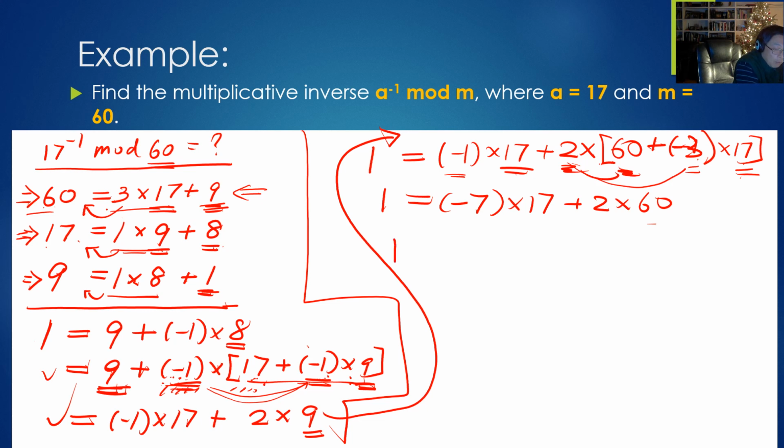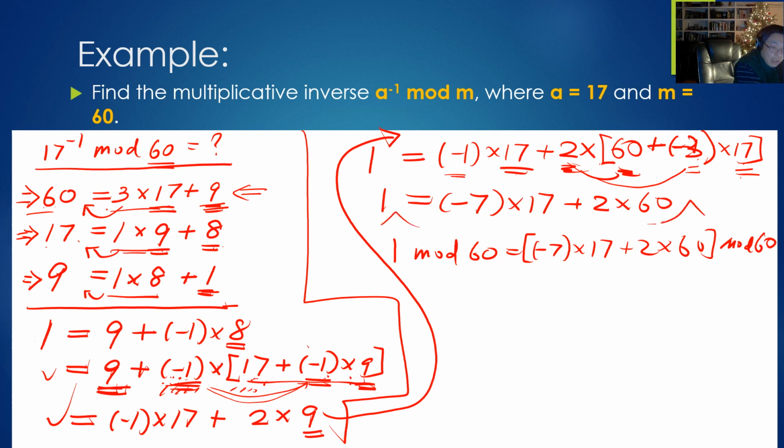I say 1 mod 60, and then I do the modular operation with 60 as well. So I put the modular operation on both sides.